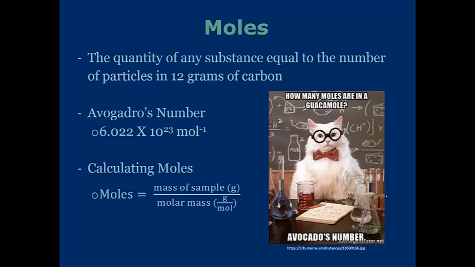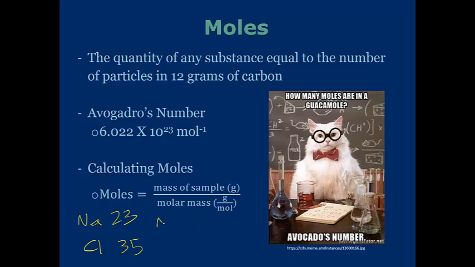When you're calculating the moles of a substance, you take the mass of the sample and you divide it by the molar mass. So if we were to talk about something like sodium chloride, NaCl, if we look at it from a weight standpoint, chlorine weighs about 35 and sodium weighs about 23.